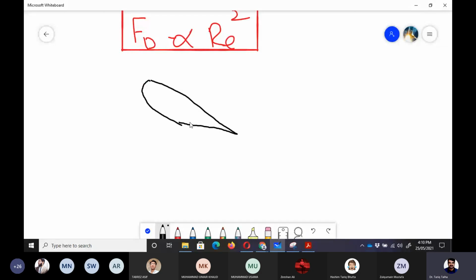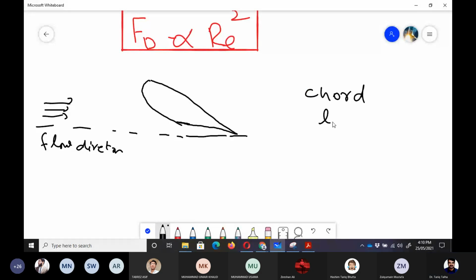So if this is kind of an aerofoil and the flow is coming from here, we call it flow direction. And then there is a line which is called chord line. Here, this is the trailing edge.